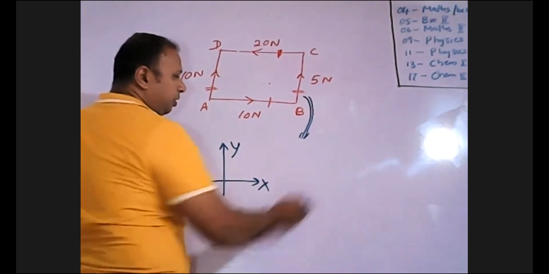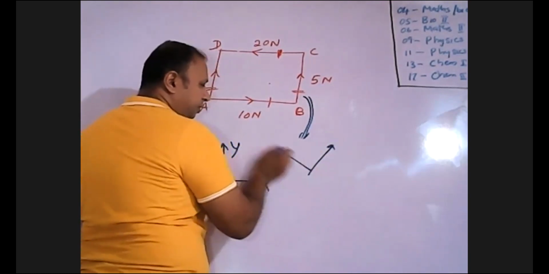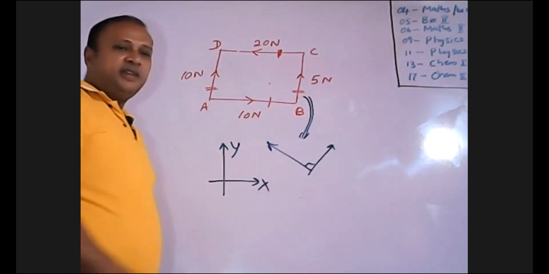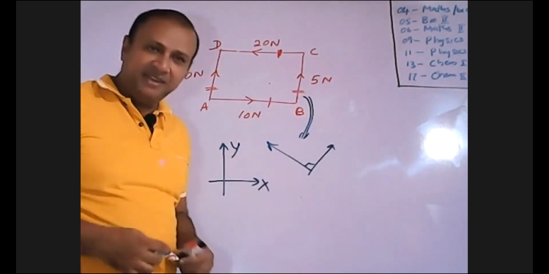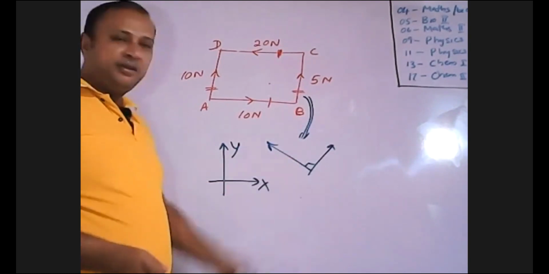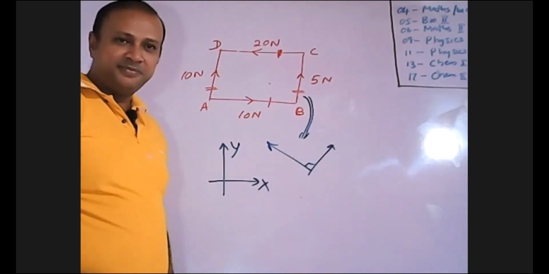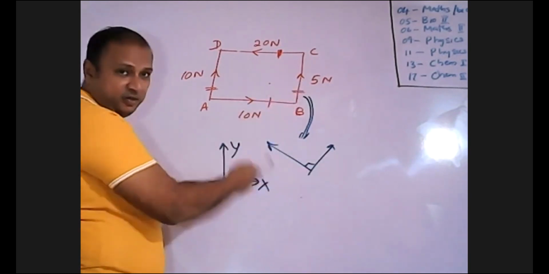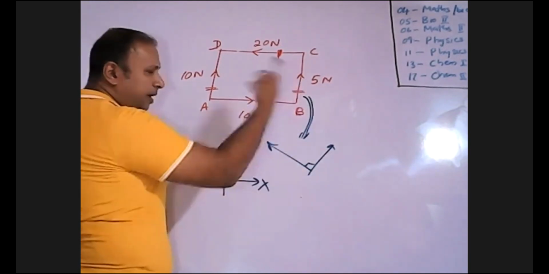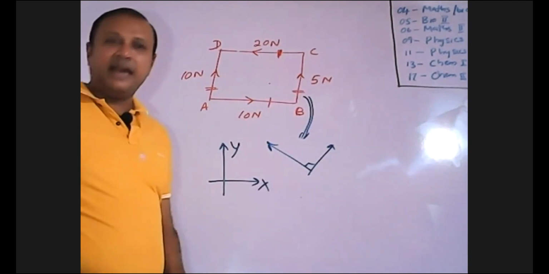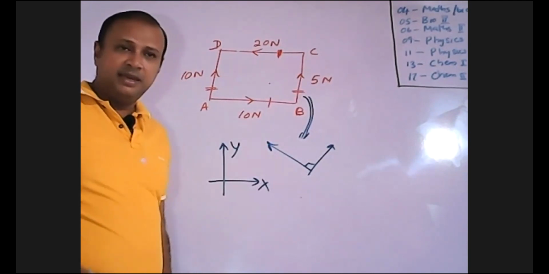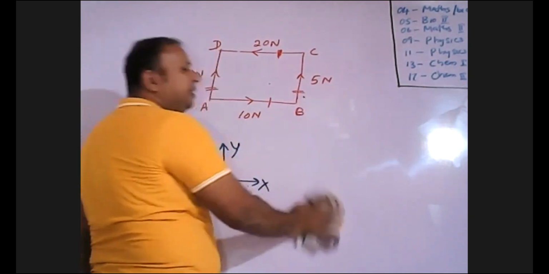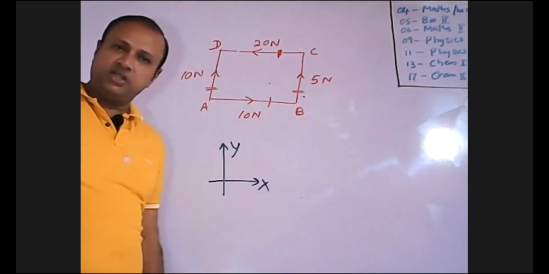But the thing is, this is very hard to solve, no? Because we don't know about angles. If you know about angles, you can take any directions as two perpendicular directions. If you know the angles, you can take any two perpendicular directions.